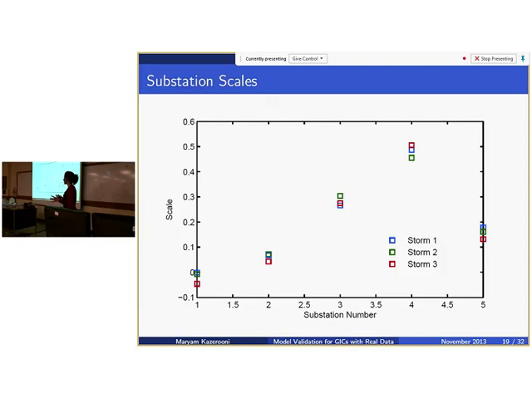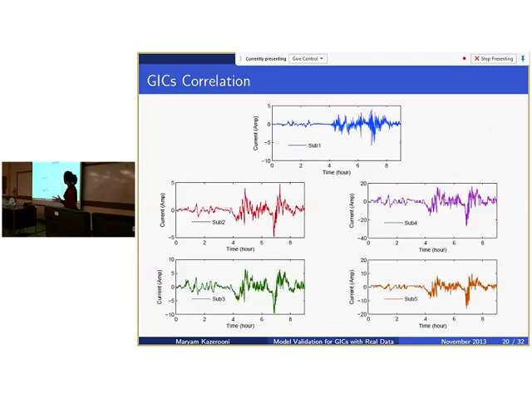This means that our GIC model is kind of excluding this substation from the model. So we're not including the GIC measurement at substation 1 to estimate the electric field. We tried to understand the reason. For that, we looked more carefully into the GIC measurements at all the substations, and we observed that the measurement at substation 1 is showing a different behavior than the other 4 substations.